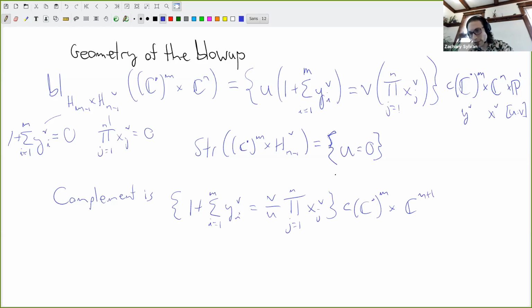And so my coordinates here are the x checks and V over U. And so this thing is x0, oops, x0. And so this is the product from J equals 0 to N, which is exactly the formula for XMN, or XNM.